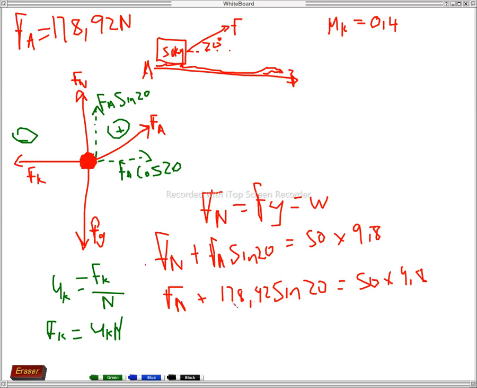So, the answer for sine of 20 part is 61.19, okay? And then the normal force plus, you can just press the other one, 50 times 9.8 is 490.